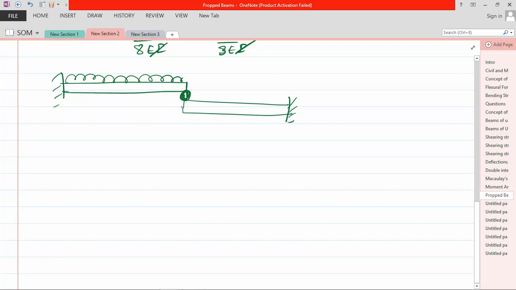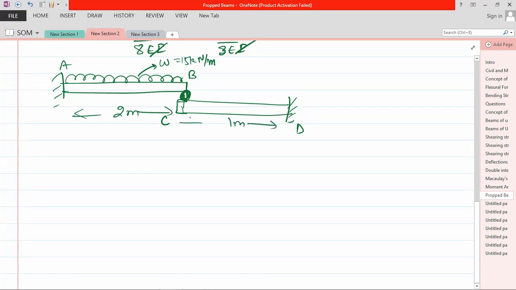Means it is roller supported here. So you can say this is A, this is B, this is C, and this is D. And it is given that this omega W is 15 kilonewton per meter. This is 2 meter, and this is 1 meter.